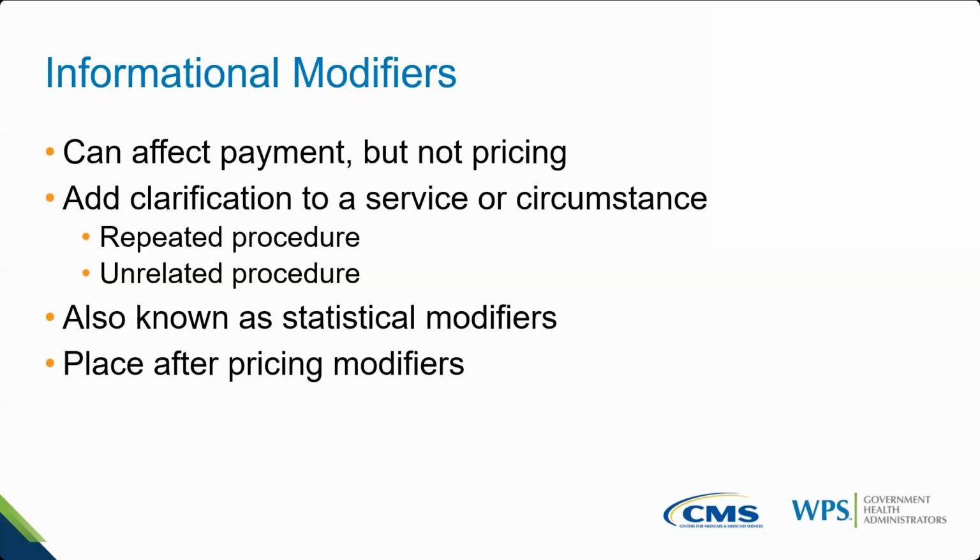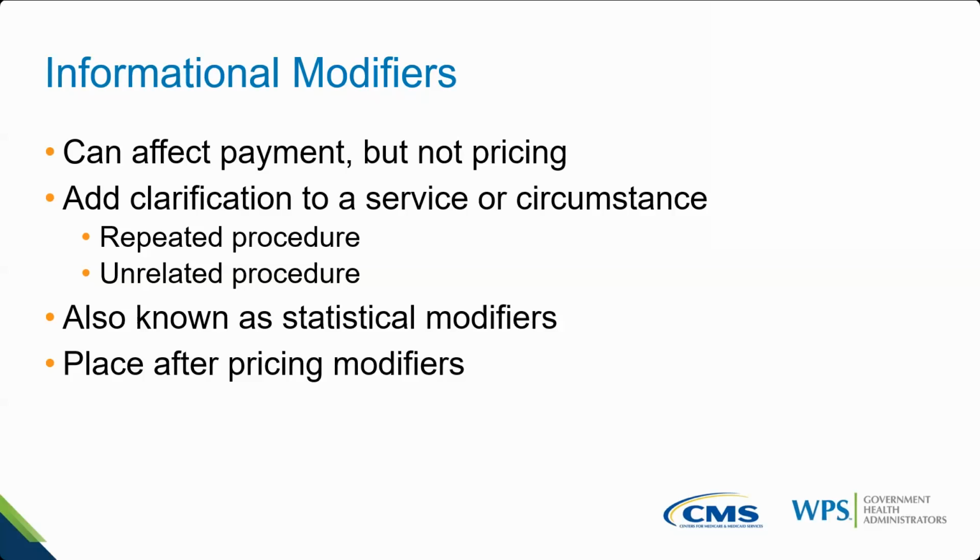And I realize that this is more than we can cover in our introductory class today. But as an example, coders often use Modifier 59 to override Medicare's National Correct Coding Initiative, or NCCI, procedure-to-procedure edits. And what that does is it allows payment for both codes in that code edit pair.